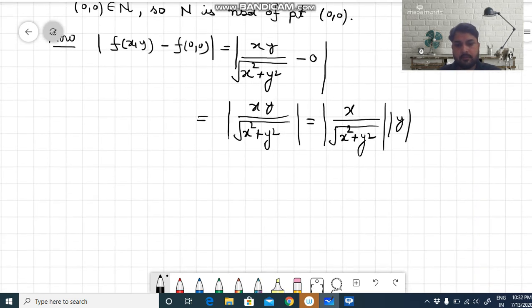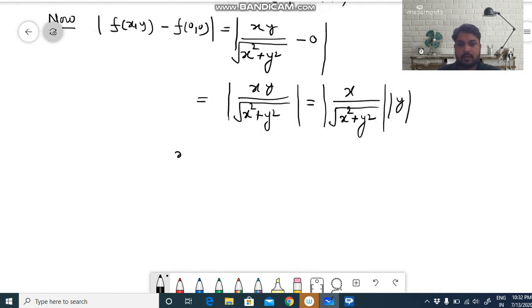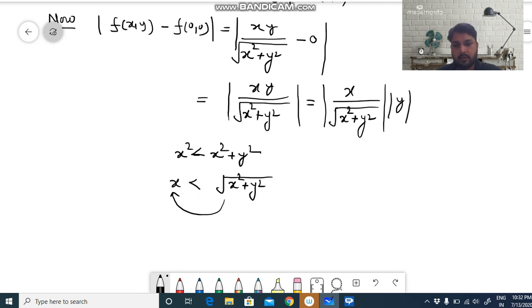Here we can see that the value of x square is always less than x square plus y square. So if we take the square root, then the value of mod x will be less than square root of x square plus y square, and taking this value to the left hand side, this implies that x upon square root of x square plus y square is less than 1, and from here we can say that the mod value of x upon square root of x square plus y square is strictly less than 1.